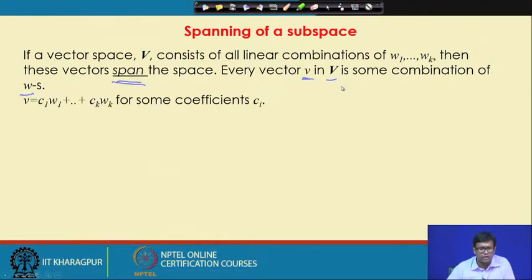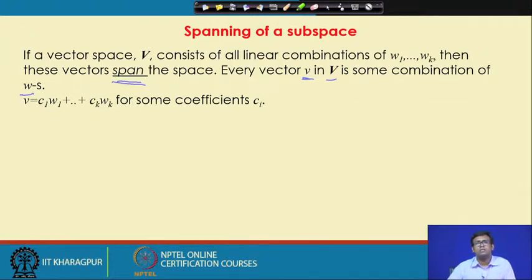That is, if we can write V is equal to C1 W1 plus up to Ck Wk for some coefficients Ci, then we will say that capital V is a space which is spanned by W, provided small v exists in capital V.